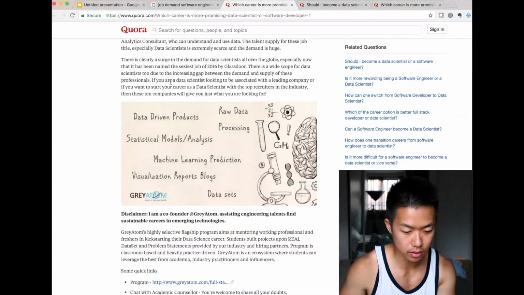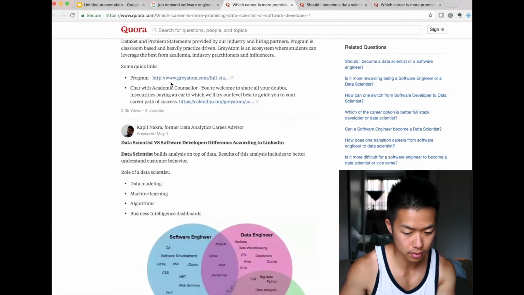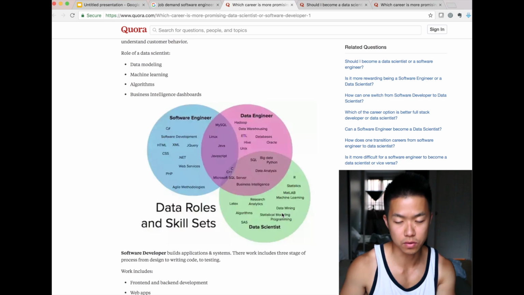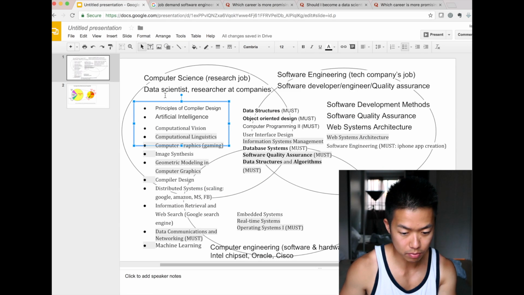Job opportunity, you can look this up by yourself. For software engineer, C#, these are programming languages, .NET, PHP, CSS. Data engineer, data scientist requires more abstract, conceptual things like data mining, machine learning, research analytics, algorithm. These are all stuff that I talked about in computer science.